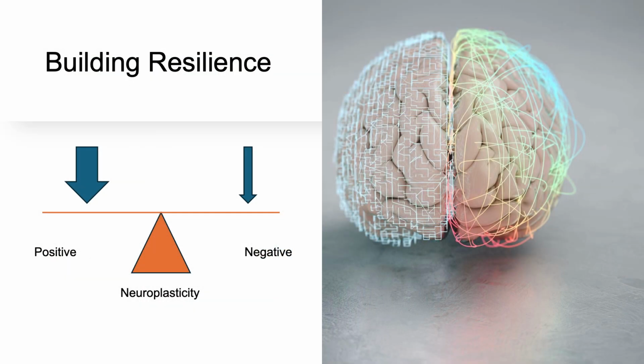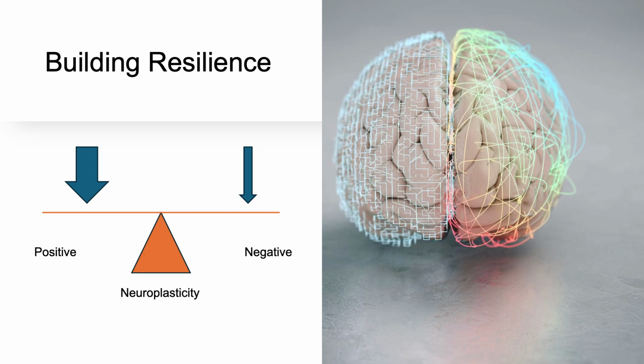When I think about neuroplasticity and just a lot of aspects of health in my mind, I think about this concept of building resilience and thinking about it almost like a scale. And I'll use this example a little bit more as we go through the rest of the night, so I just want to introduce it to you now as it relates to plasticity. But we can have positive plasticity, like I said, or negative plasticity.